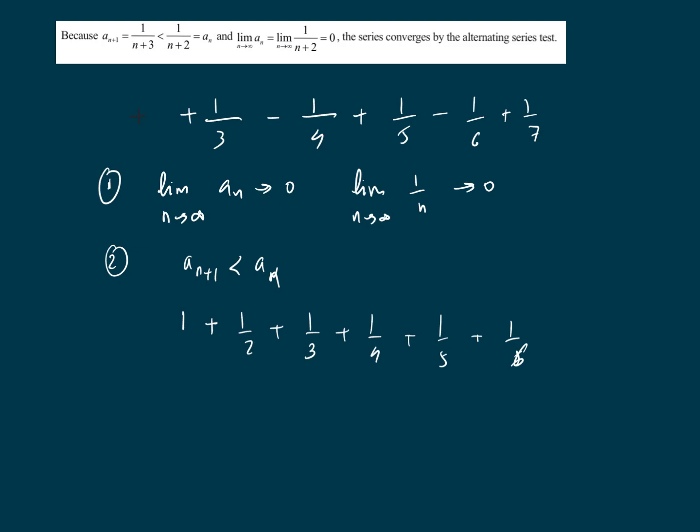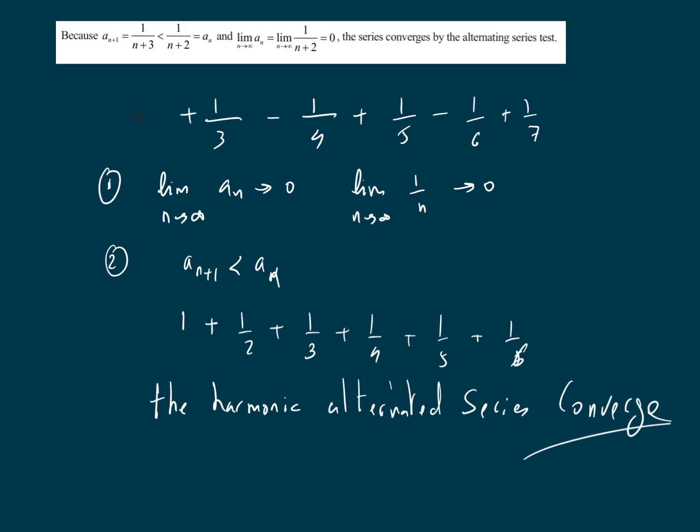So these two conditions are applied to the alternating series, and the alternating harmonic series converges. We have used the theorem to say that this one will converge. Let's go to the next one.